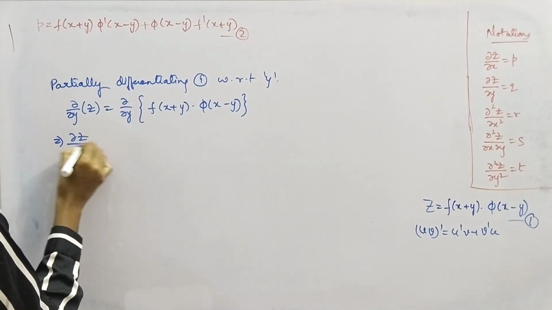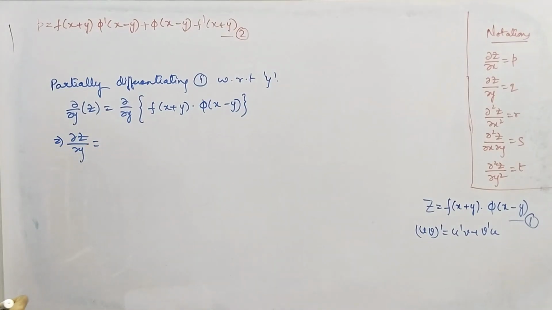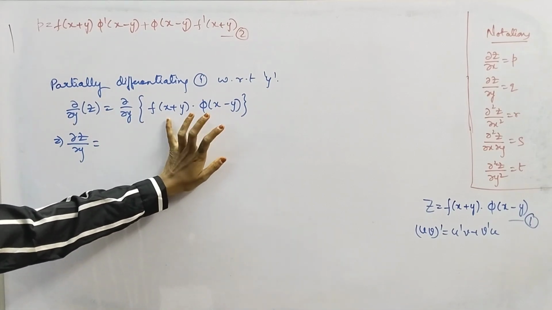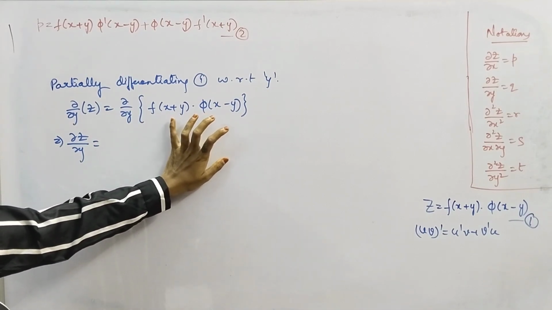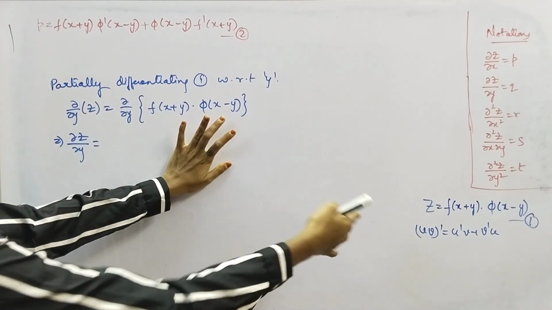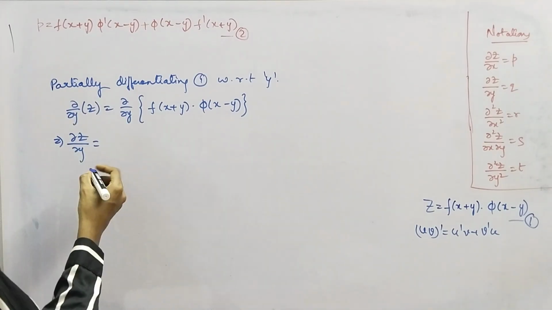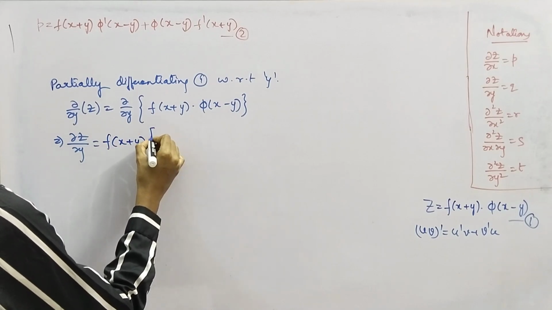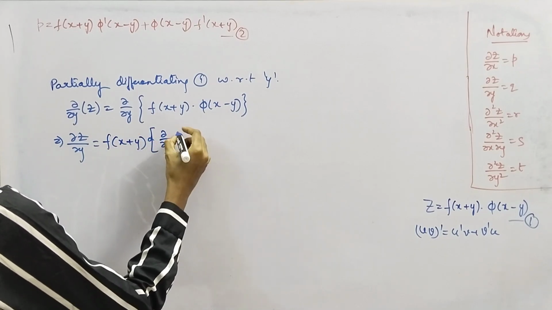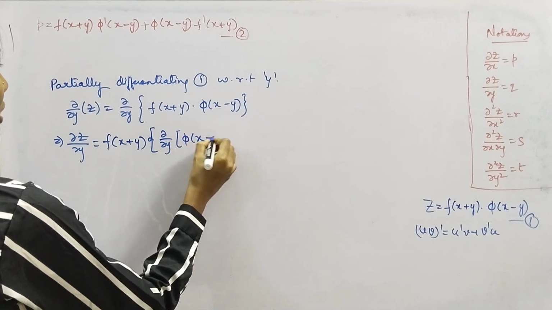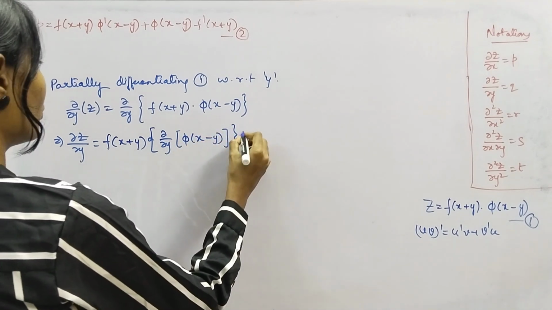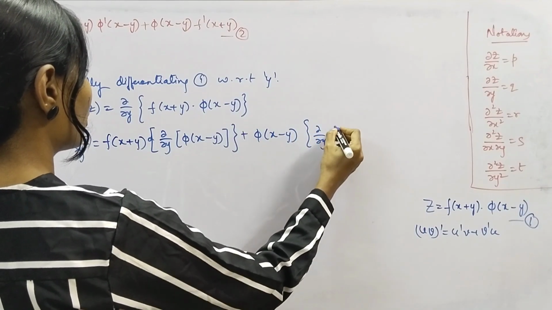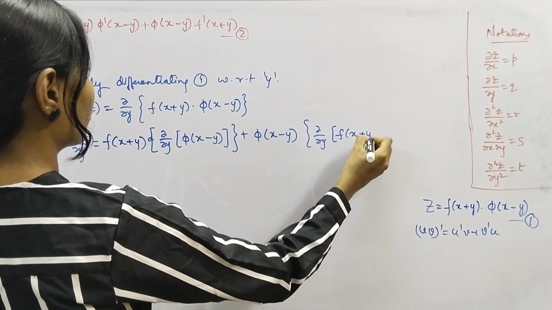This gives us dou z by dou y equal to, here we have two functions and we need to find the partial derivative of the product of f and phi, so we'll apply the uv whole prime formula here. We'll get f of x plus y into partial derivative of phi of x minus y, plus phi of x minus y into partial derivative of f of x plus y.